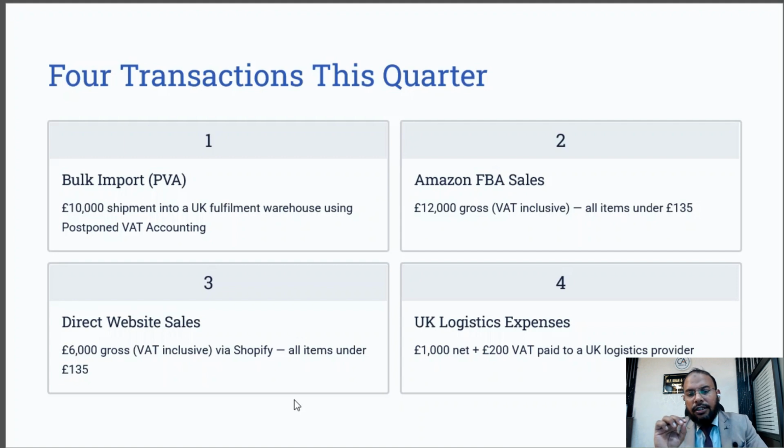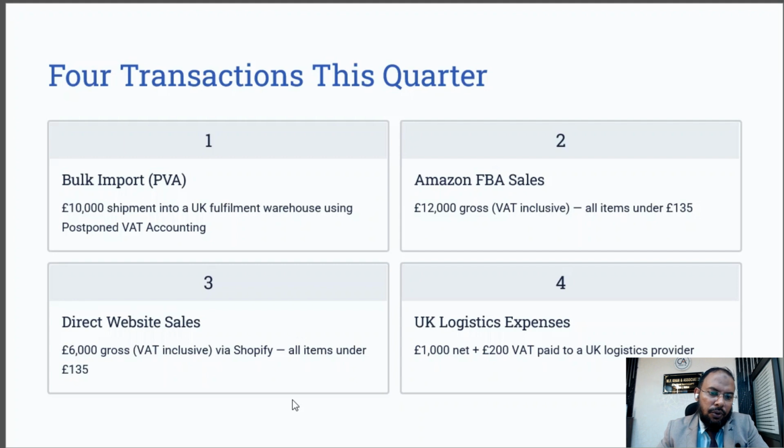Further, the fourth transaction is UK logistics expenses, charged at 1,000 pounds plus 200 pounds VAT, which we already paid to the UK logistics provider. On the basis of these four types of transactions, we will understand how to file the UK VAT return. We need to understand what to fill in box 1, box 2, box 3 till box 9. So please watch till the end.